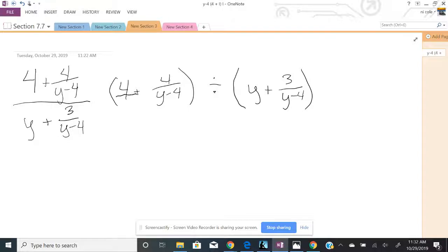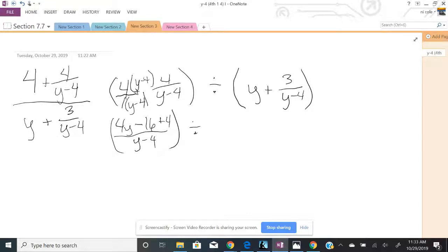Okay, so here I go. I'm going to put this over 1 and multiply the top and bottom by y minus 4. All right, so that would give me 4y minus 16 plus 4 over y minus 4 divided by, and again here I need to get a common denominator to be able to add y to 3 over y minus 4.